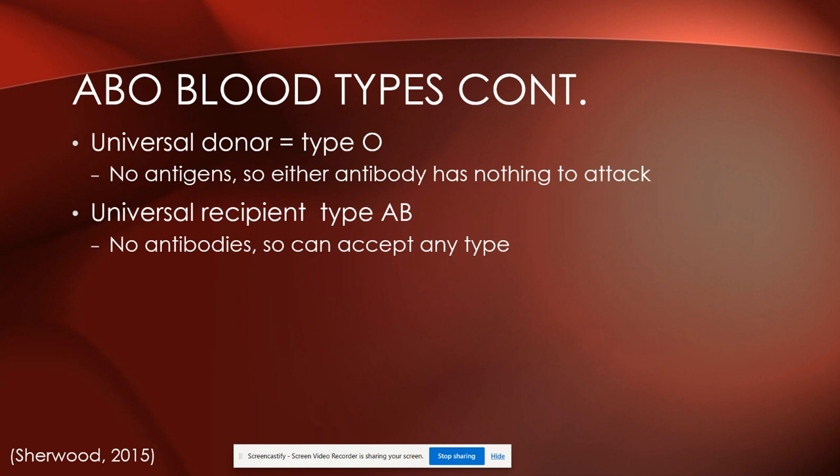However, if you have type O blood, you can only receive type O blood because the antibodies in your body are going to attack A and B. However, the universal recipient is going to be type AB blood because they have neither antibody, so they can accept any blood type because they have no antibodies that will attack those A or B antigens.